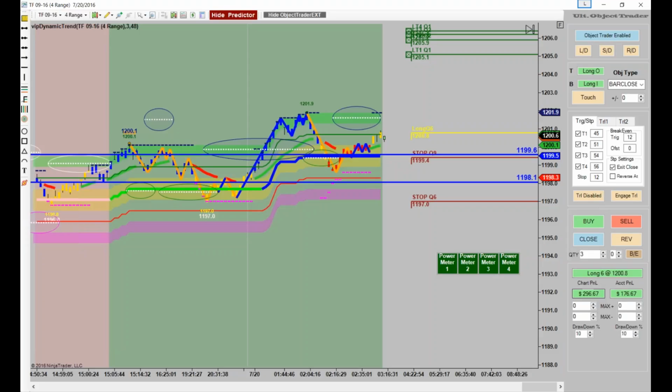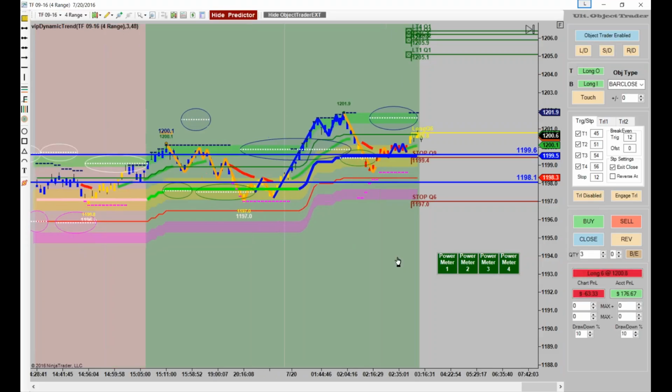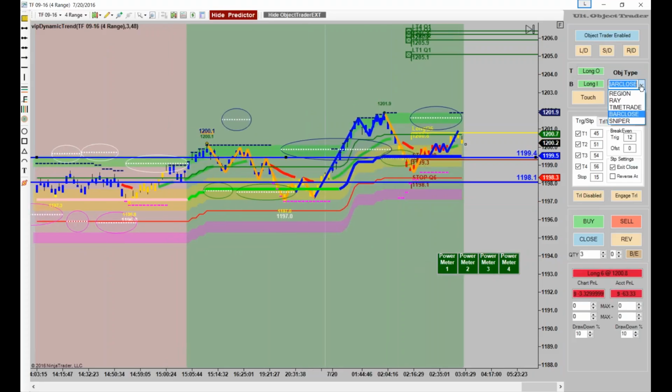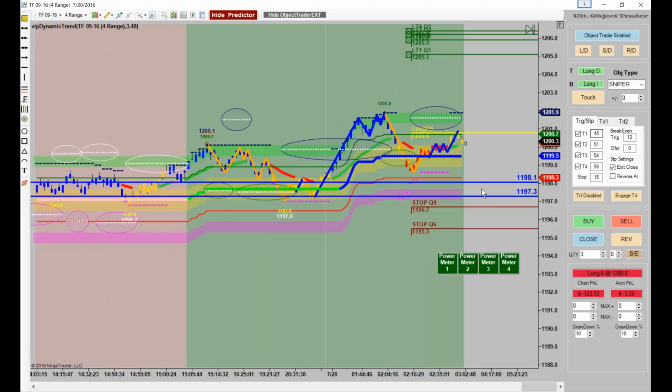Let's see. So we got out of 3, right? Because the bar closed down. All right. Now, what if I wanted to take 3 more off if it closes below this swing? I could use Sniper, get my stop out of the way. I don't even care about my stop because I can actually take contracts off. I could put one right here.